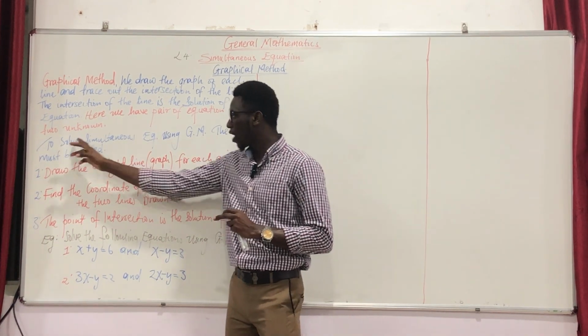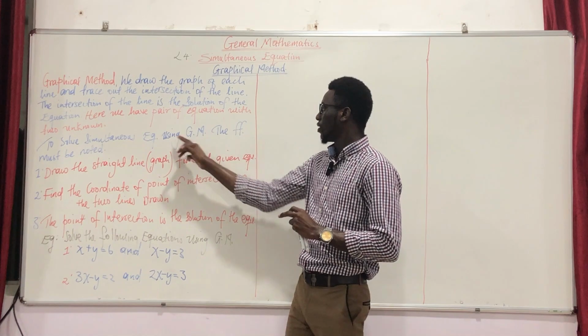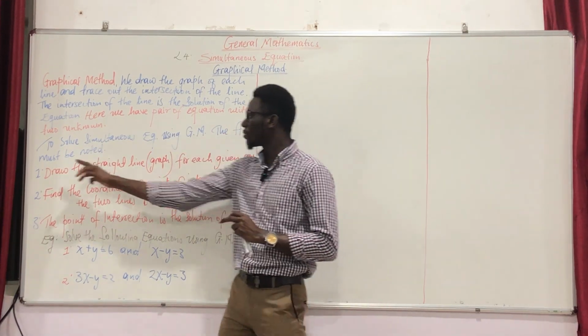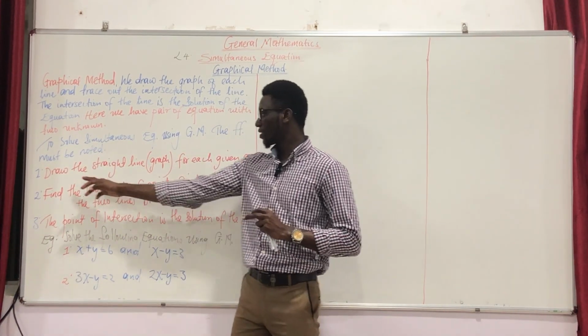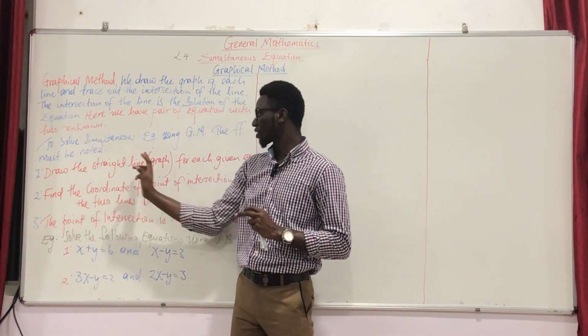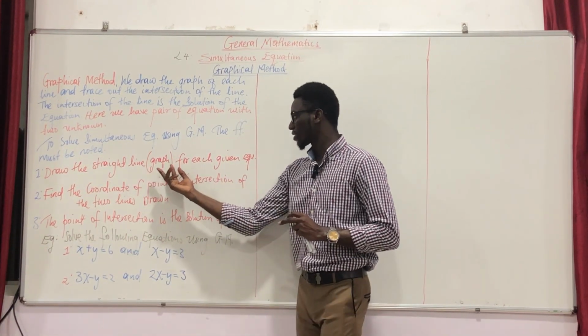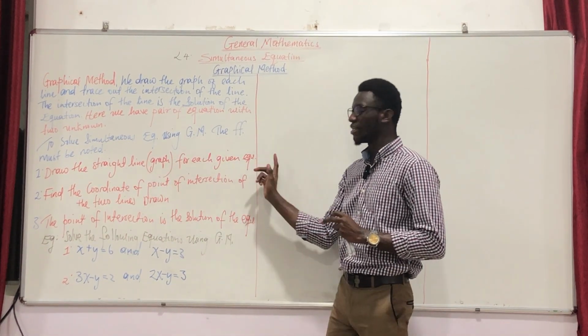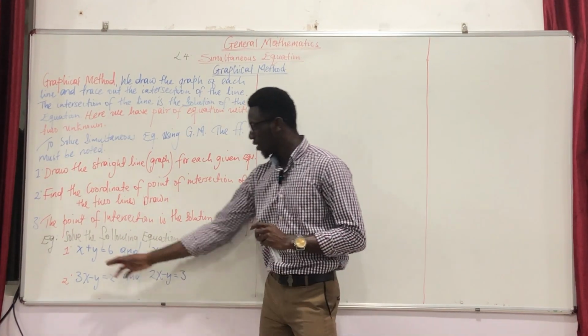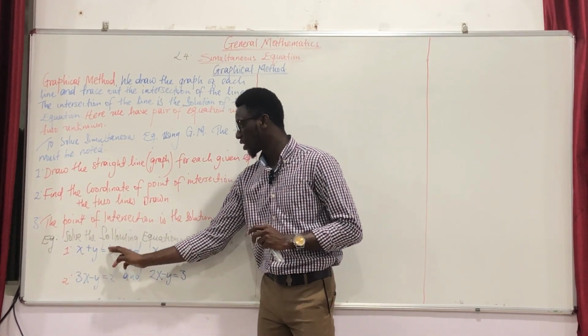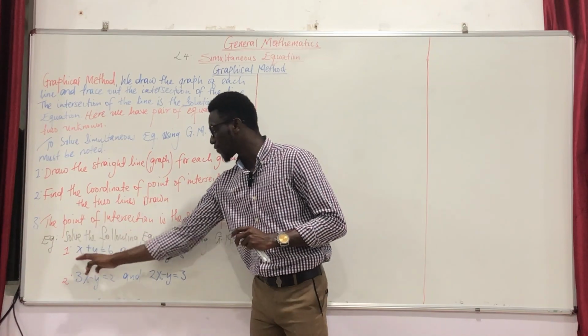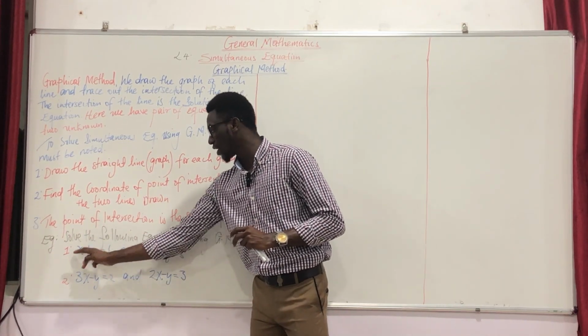To solve simultaneous equations using the graphical method, the following must be noted. First, draw the straight line graph for each given equation. For example, here we have x plus y equals 6. First we try to draw a graph of this linear equation.